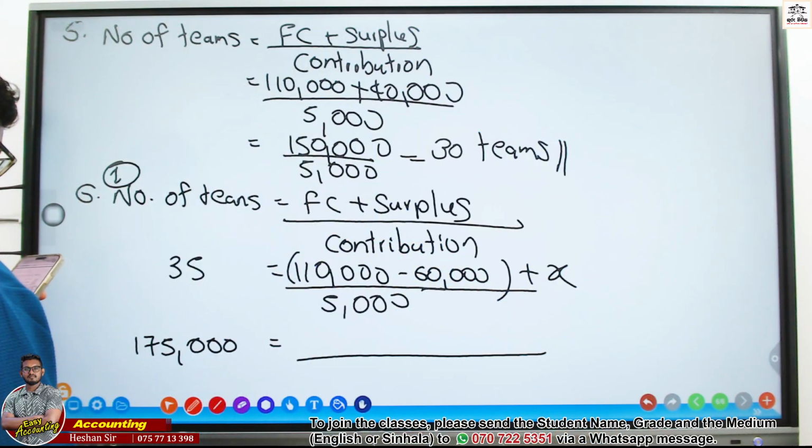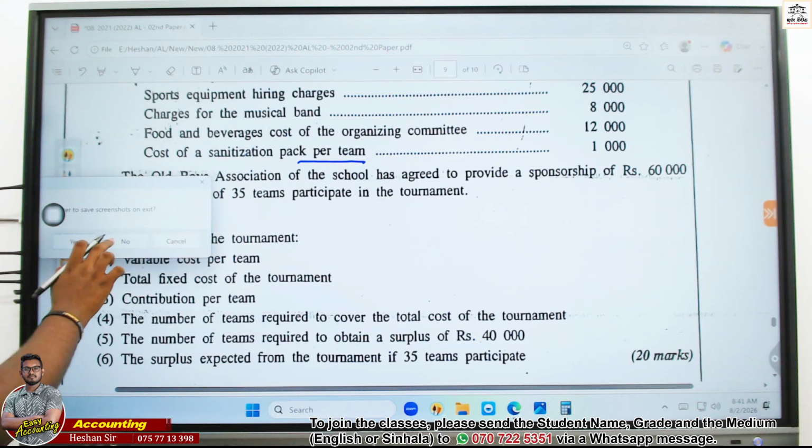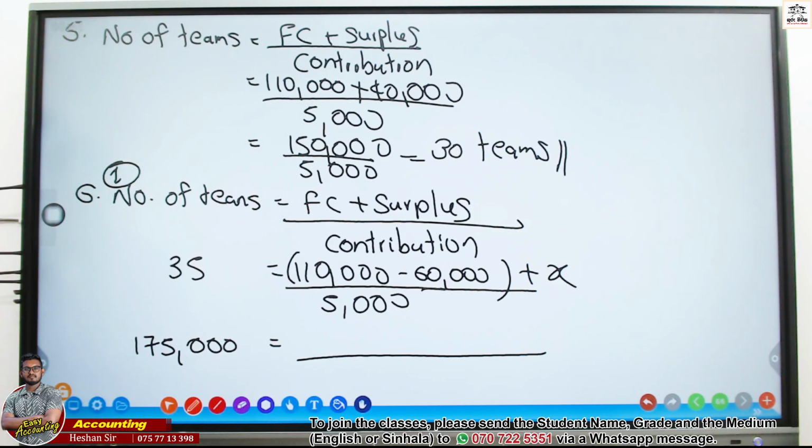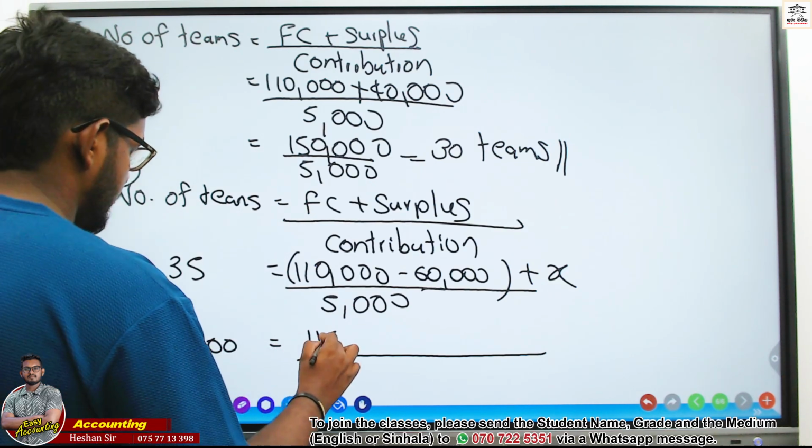Then the fixed cost, how much? 175 minus 60, that is 115,000.